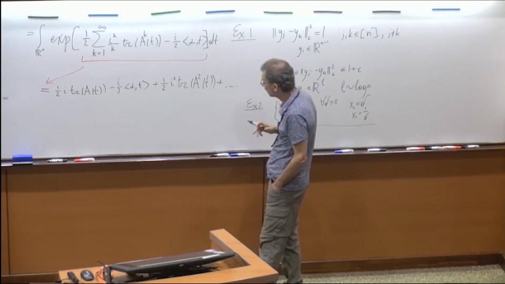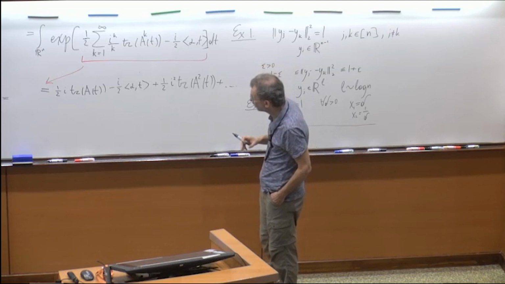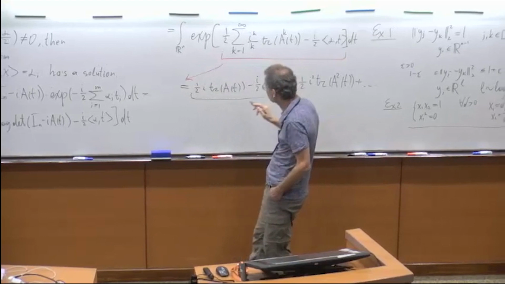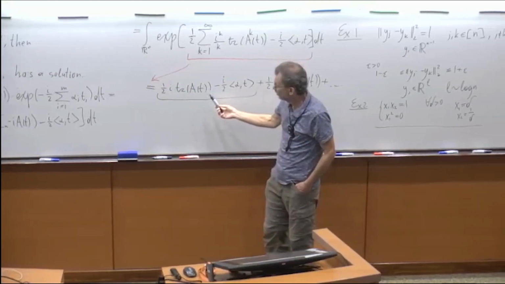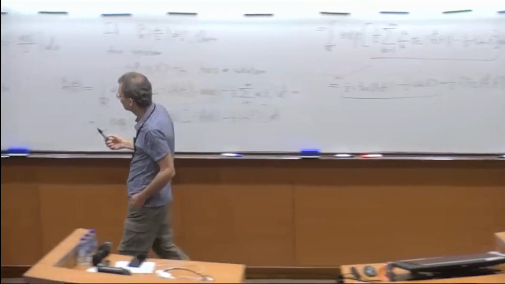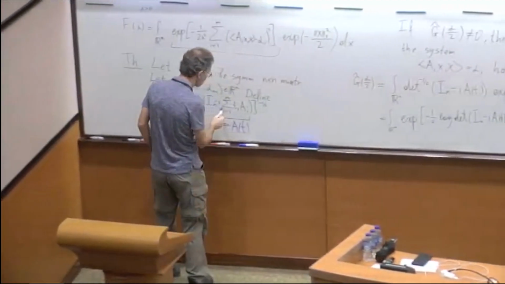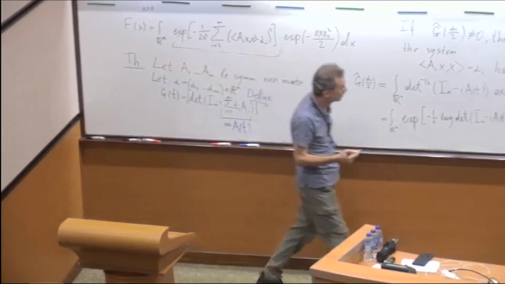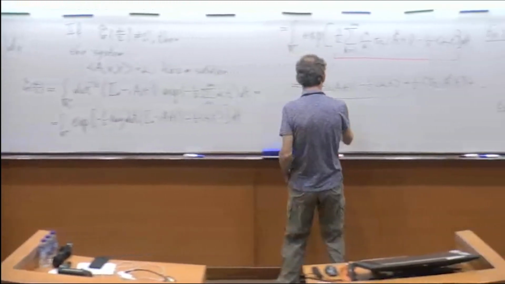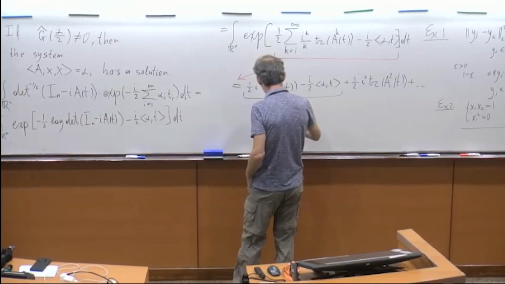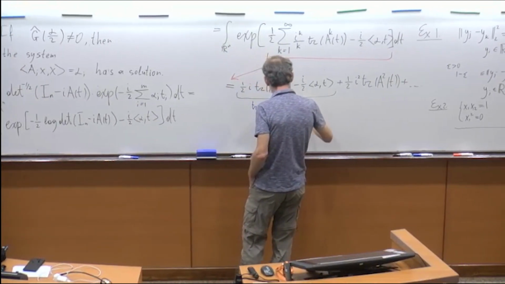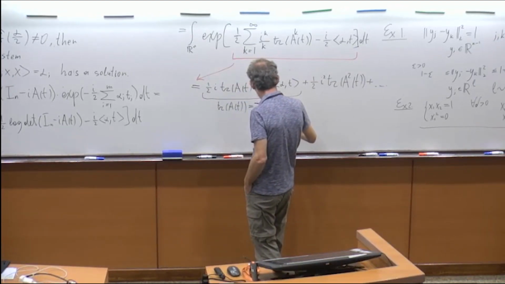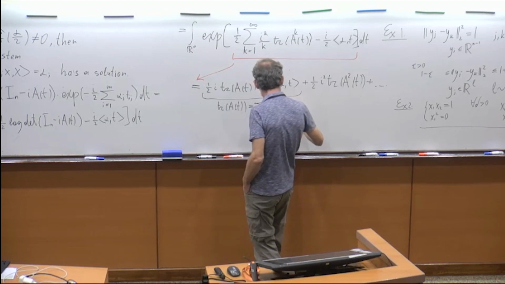Okay, so what is what here? Let's see. The linear term: A of t is this matrix, and its trace is the summation of Tj trace of Aj.